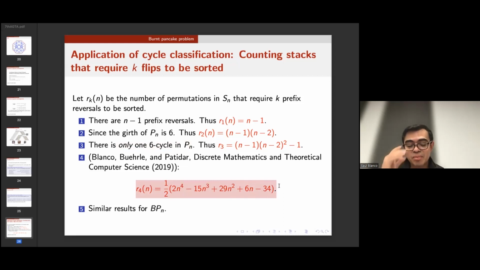This is the number of stacks of pancakes that require exactly 4 flips to be sorted. And we have similar results for BPN that rely on the cycle structure, on this characterization of small cycles for these graphs.